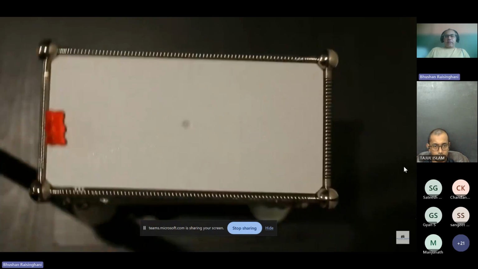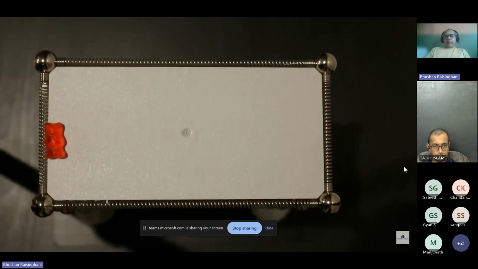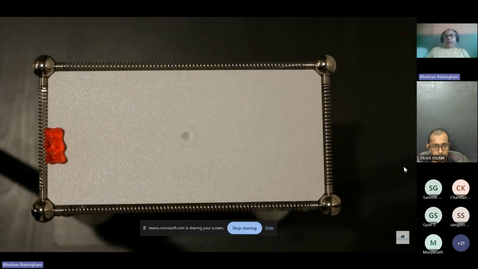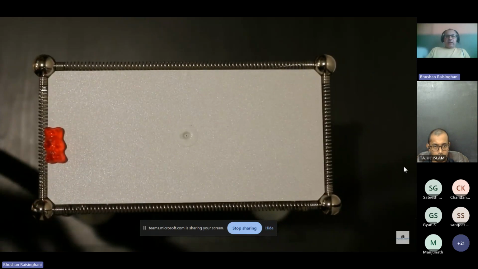So it is translation in other directions because three directions are braced. In one direction it is flexible. That's why there is a torsion or rotation in that direction.